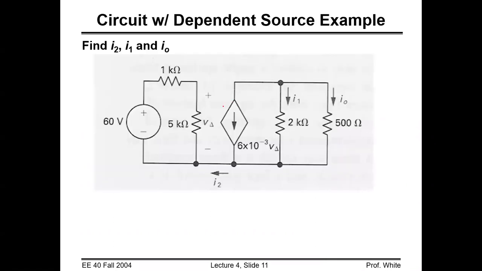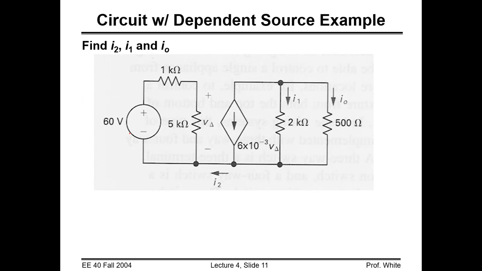And this is the dependent source. This dependent current depends on the voltage. So dependent sources are of 4 types.